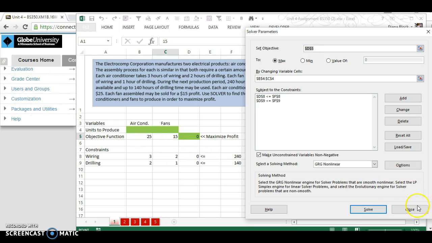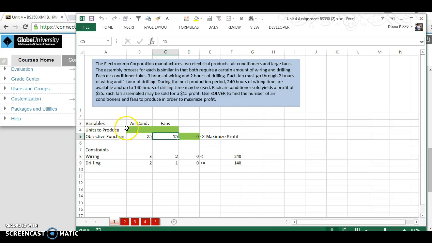I'm not going to do it because it's part of the homework, but it will fill in how many air conditioners, how many fans, how much profit that will create, and then our formulas here will calculate how much wiring and drilling time that's going to require. Based on the constraints we enter, it's going to be less than 240 here and less than 140 here.